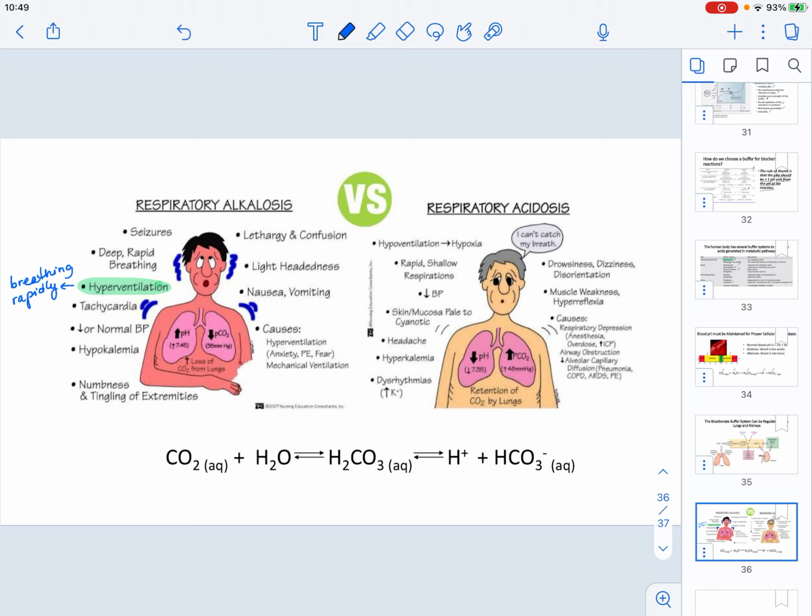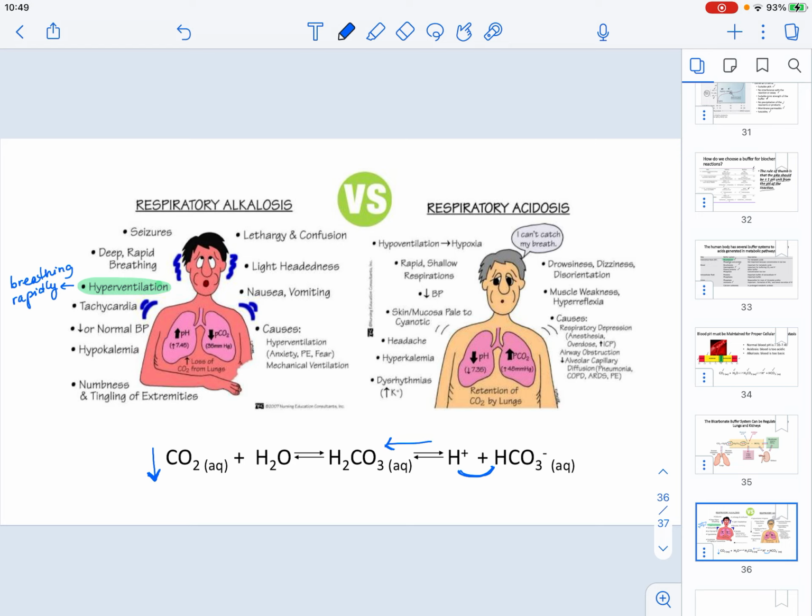And overall, during hyperventilation, because the person is breathing in and out really rapidly, they are going to reduce the levels of CO2 in the body. Remember, because these systems are in equilibrium, that's why we have those two arrows in the forward and the reverse direction. Because of Le Chatelier's principle, if there's a reduction in CO2, the system has to make up for it. So it combines our proton with our hydrogen carbonate to make carbonic acid.